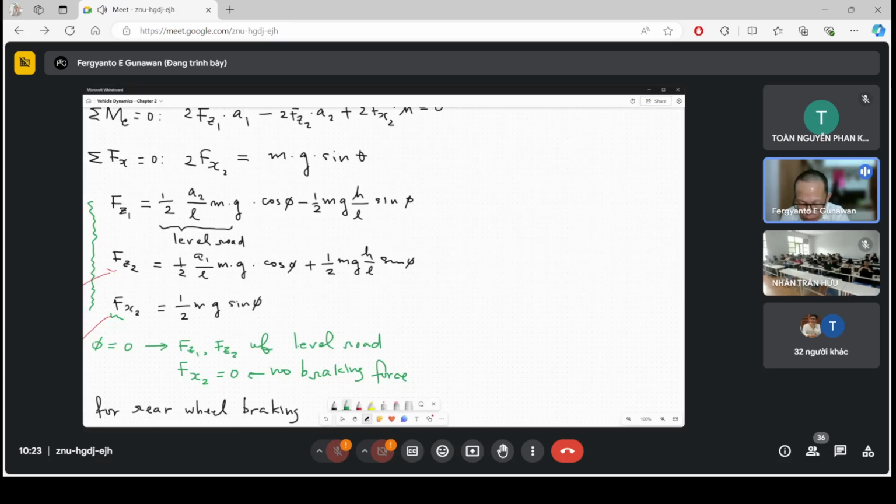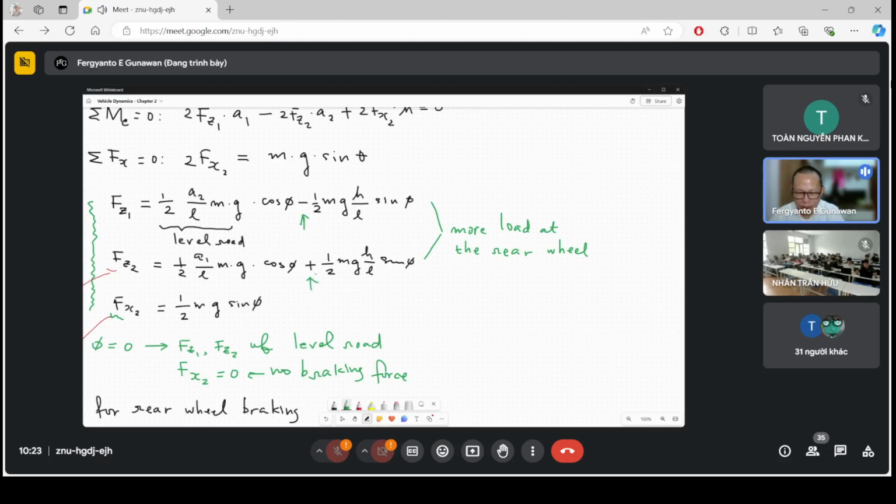By comparing these two, you can say more load at the rear wheel, because this is a negative sign and this is a positive sign.